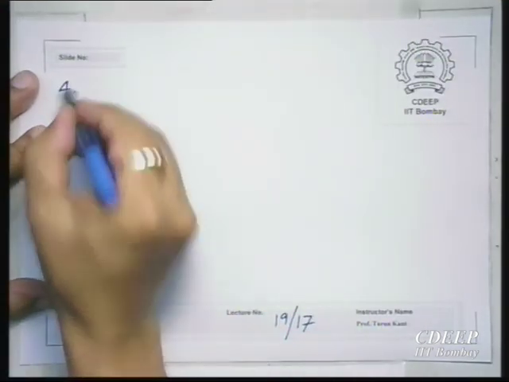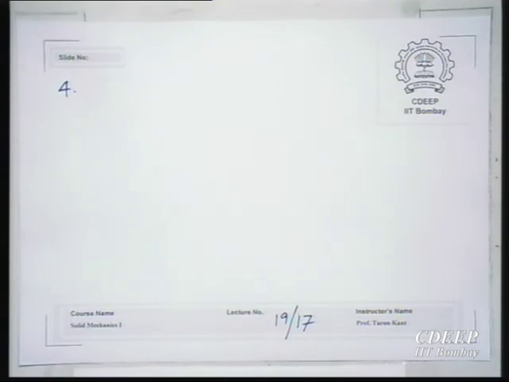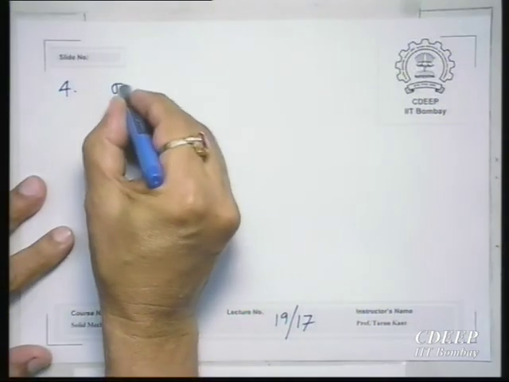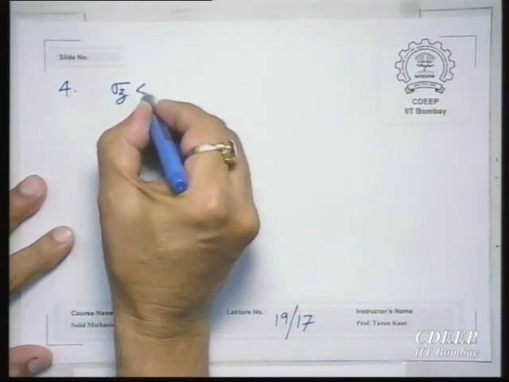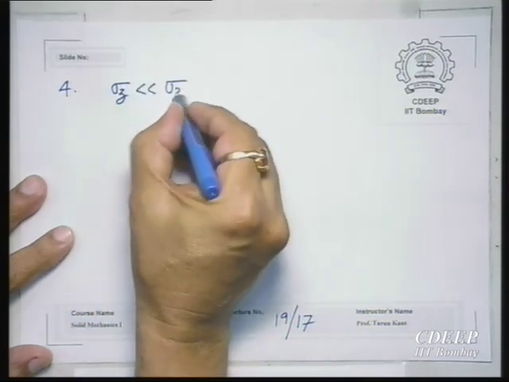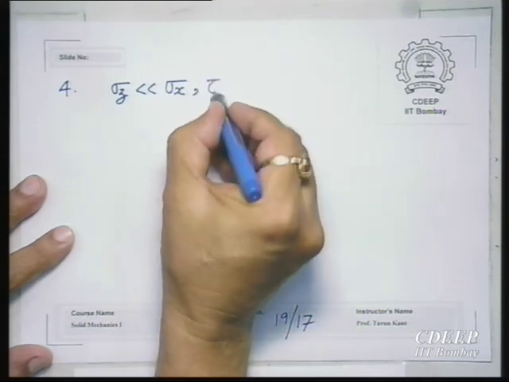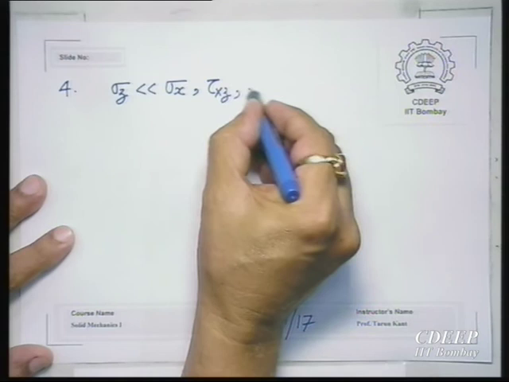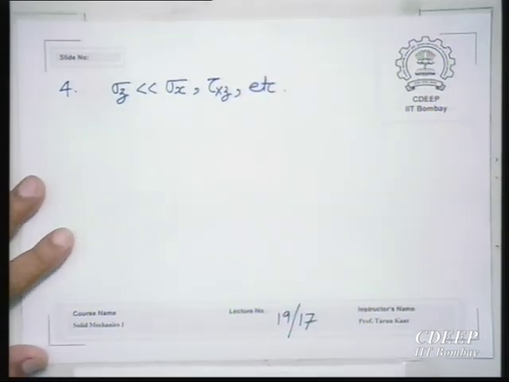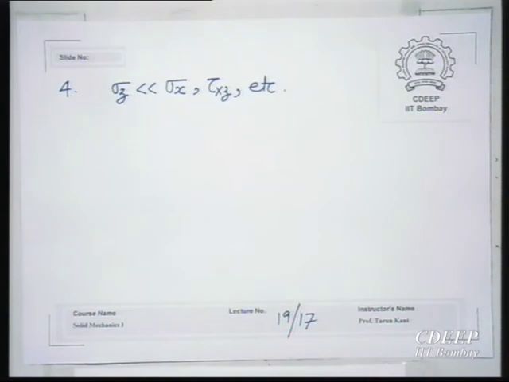Fourth. Fourth assumption, what did we do? Anything? I think you have forgotten. We have assumed that this is small compared to, at one stage we did it.